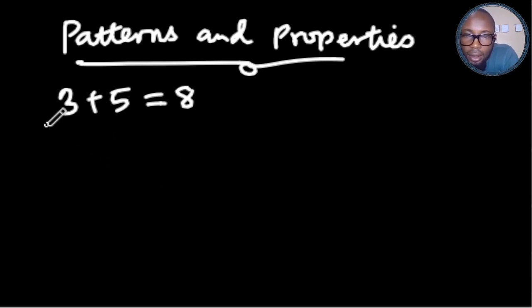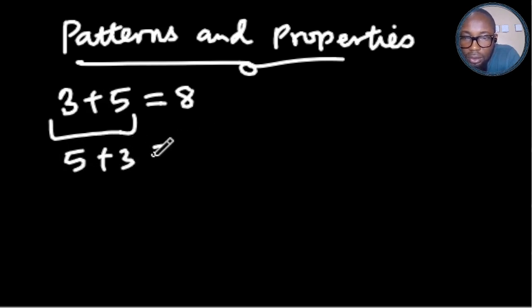Okay, now in terms of ordering, the order by which the numbers appear before you added the two numbers. What happens if we switch and have 5 plus 3? Does it also give us 8? Yes.